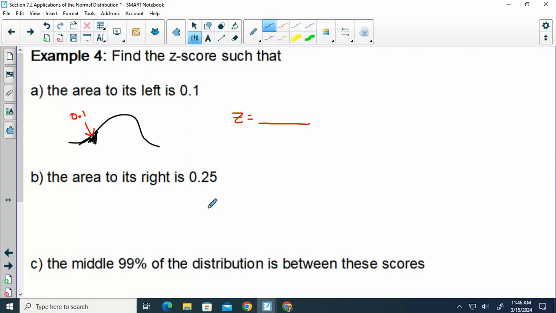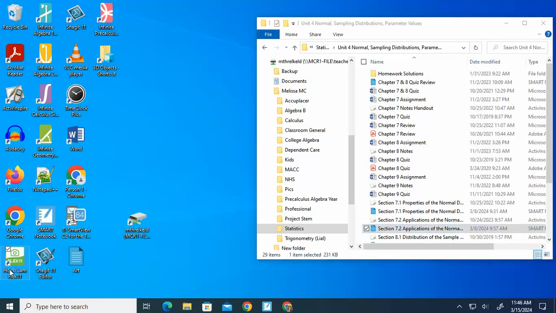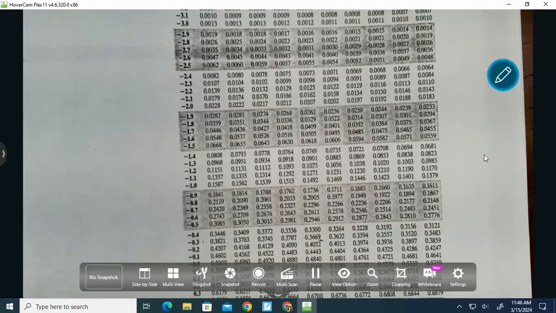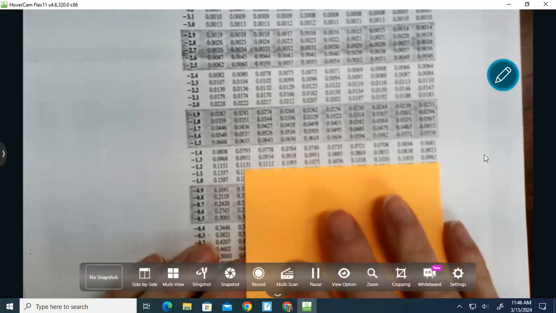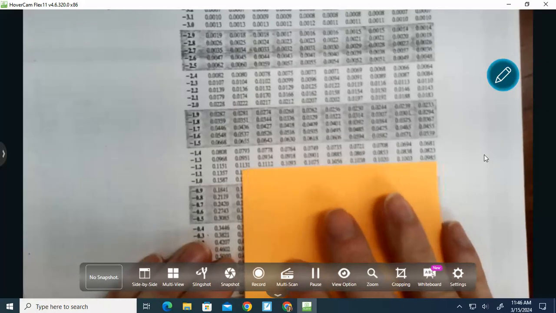So if I'm looking on here, I want 0.1. So if I'm looking at these, the closest we come to a 0.1.